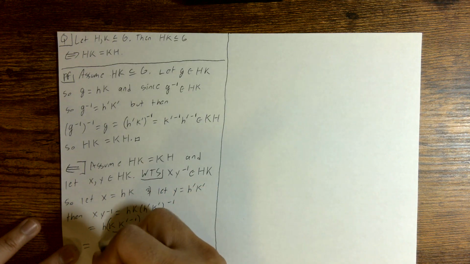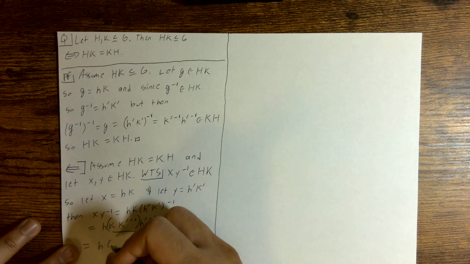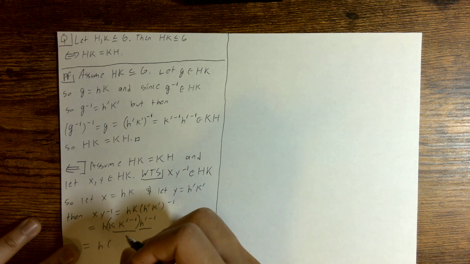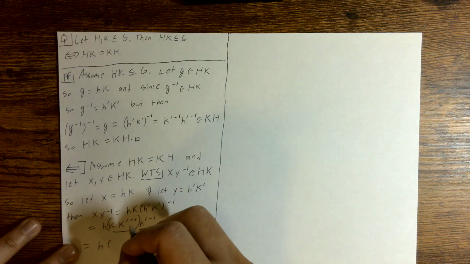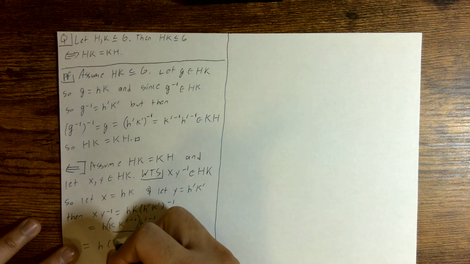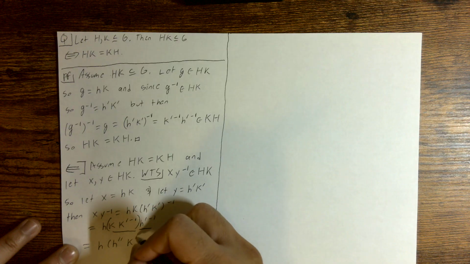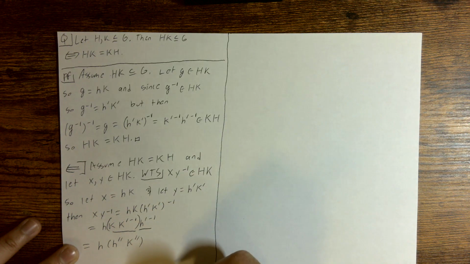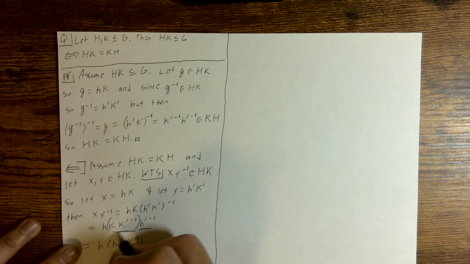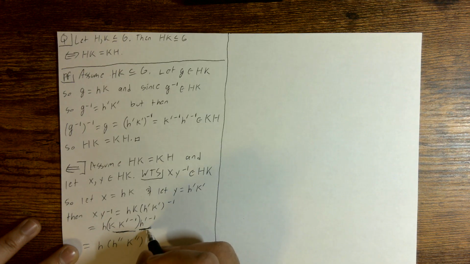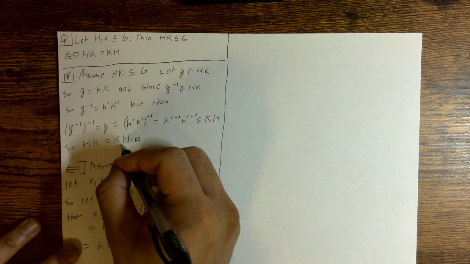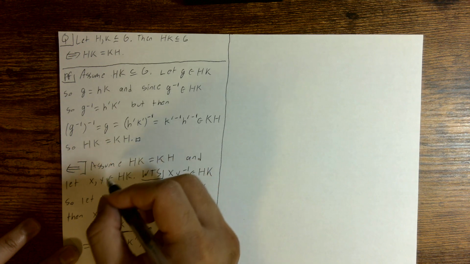So this is then equal to h double prime k double prime. Where did that come from? Since this is an element in K and this is an element in H, it is in KH. And by assumption, any element of KH is in HK.